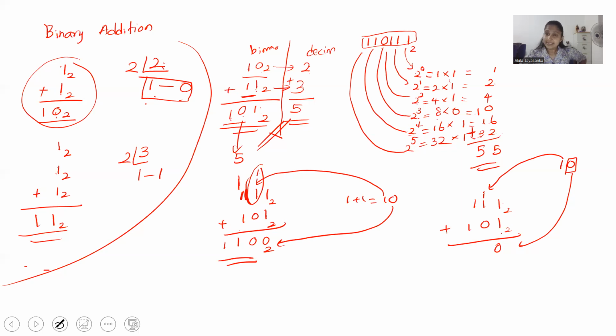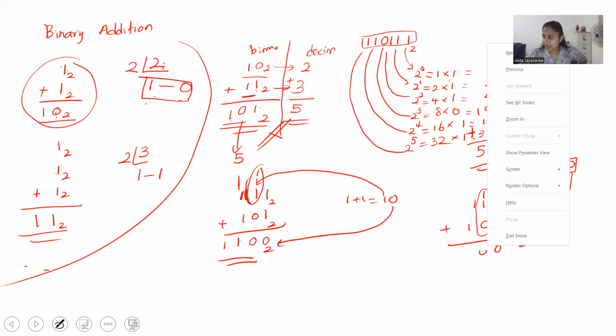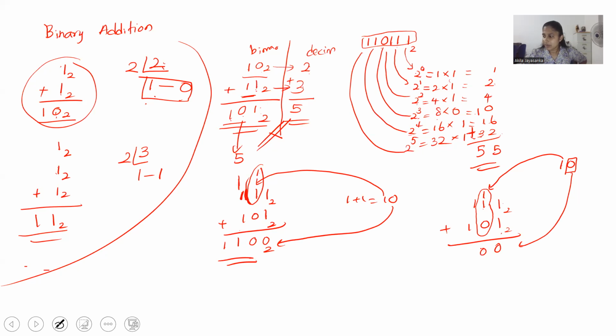As a decimal calculation, we can add these three numbers: 1 plus 1 plus 0. So 0 we can ignore, but we add 1 plus 1. 1 plus 1 is 1 0. So we place 0 here, and the remaining 1 goes to the next place.